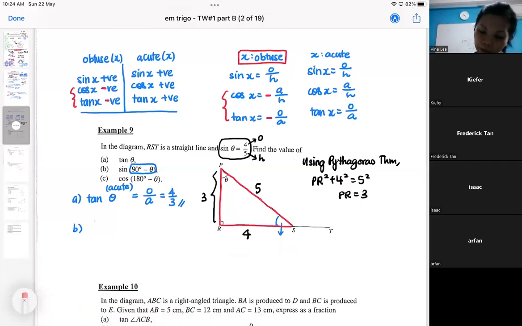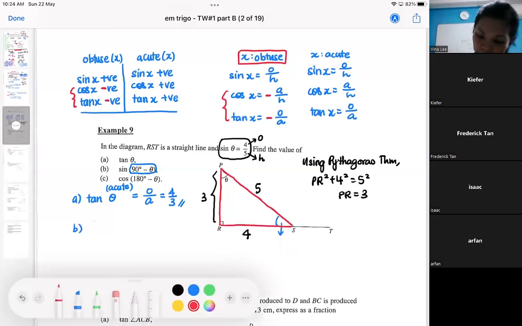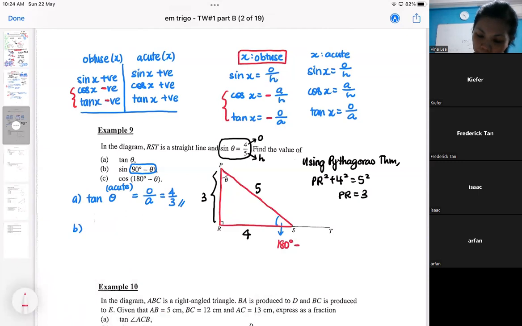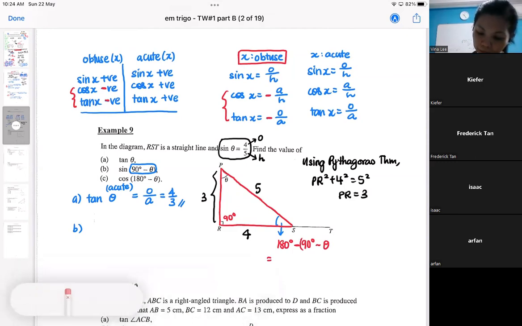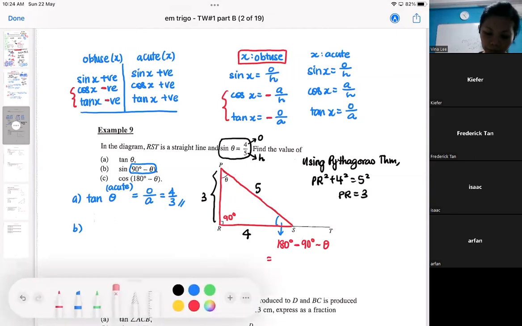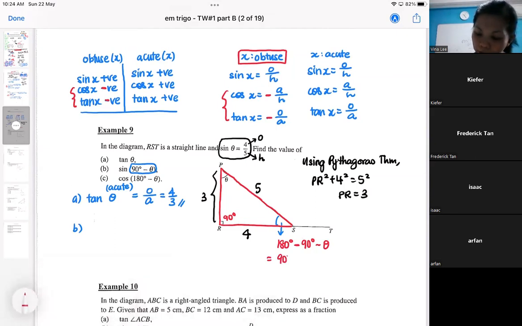Because this is an angle sum of triangle, I will be doing this: minus 90 and minus theta. So I will get 90 minus theta.